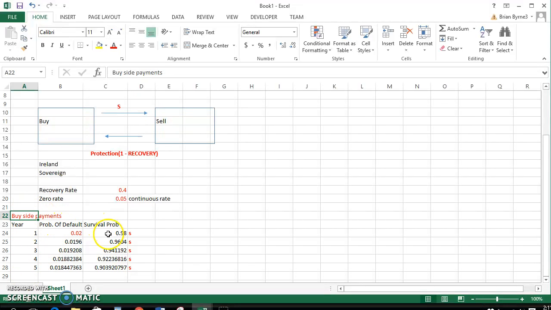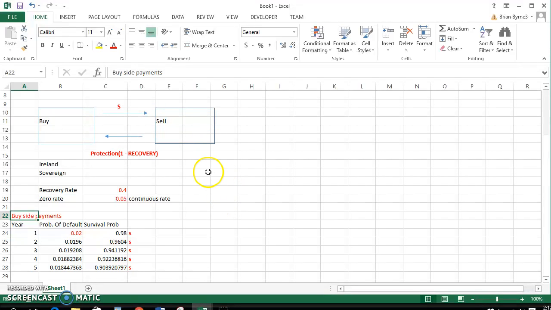What we have is a schedule of survival probabilities, and that must be reflected in the value of the S being paid in a kind of risk neutral setting.